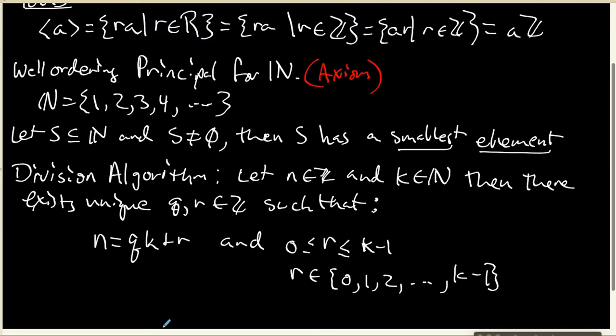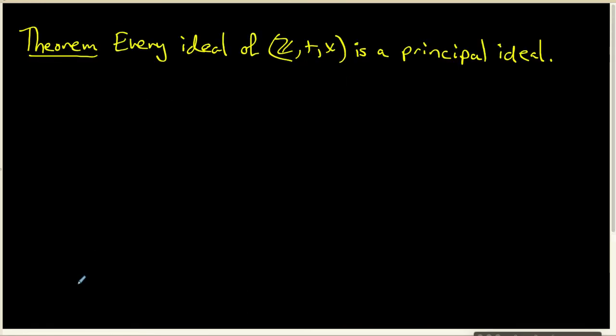So now that we have our three tools lined up, I want to look at proving our theorem. So here again is the statement of the theorem, that every ideal is a principal ideal. I'm going to start my proof by letting I be an ideal inside the ring of integers.